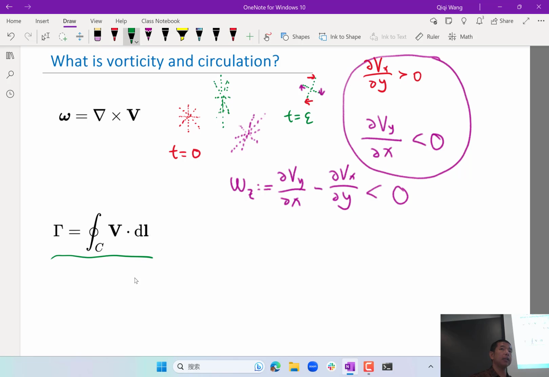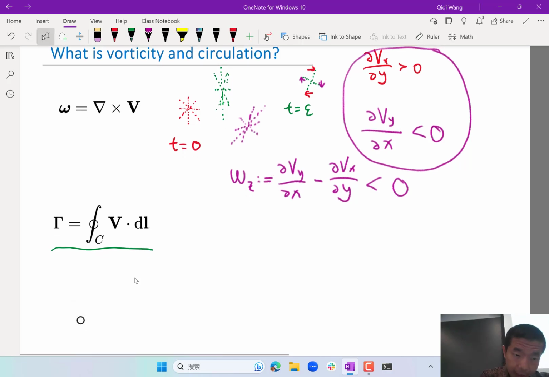A lot of times we focus not on vorticity itself, but on circulation, which is an integral representation of vorticity. So circulation, instead of taking a derivative of velocity, actually takes an integral of velocity along a closed contour.